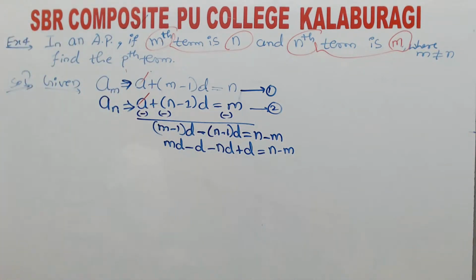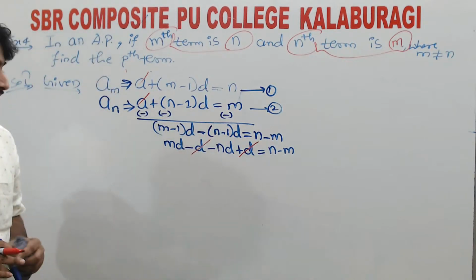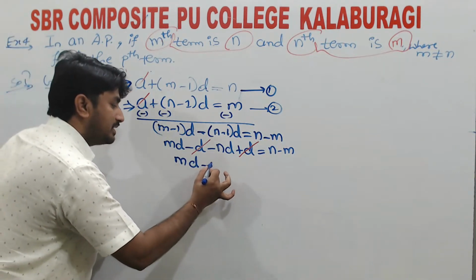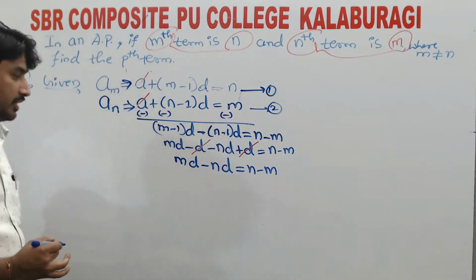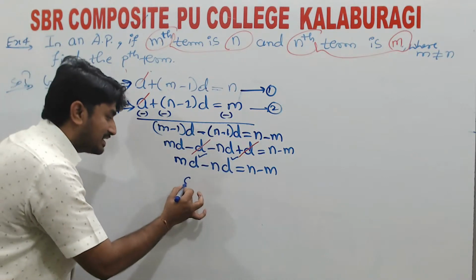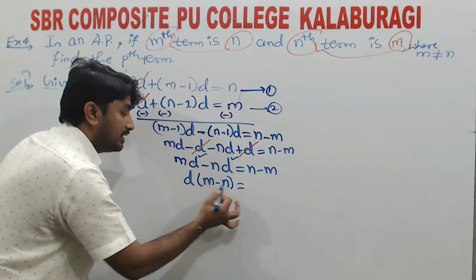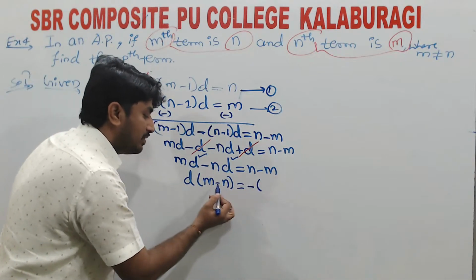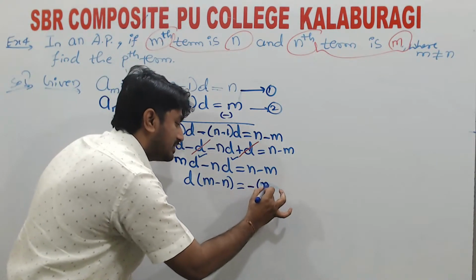The negative d and positive d cancel. What remains is m into d minus n into d equal to n minus m. Taking d common outside, inside the term is m minus n. On the right side, n minus m, taking the negative sign, becomes minus of m minus n.